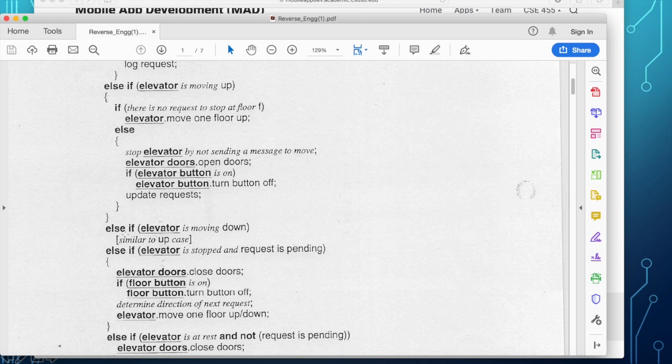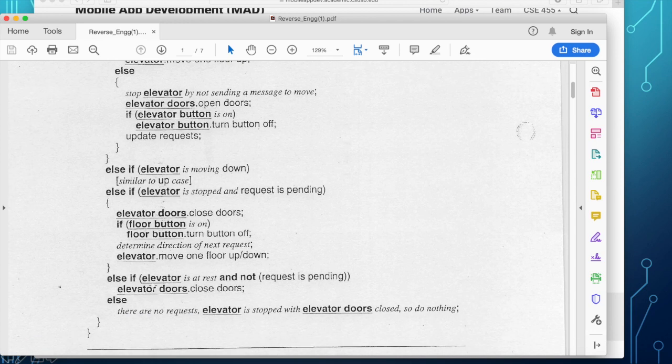And otherwise, you follow this set of logic of the elevator moving down. So else, if the elevator is stopped and a request is pending, then we close the door, and if the floor button is on, then floor button turn off.